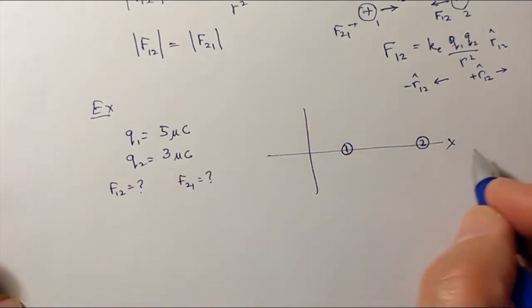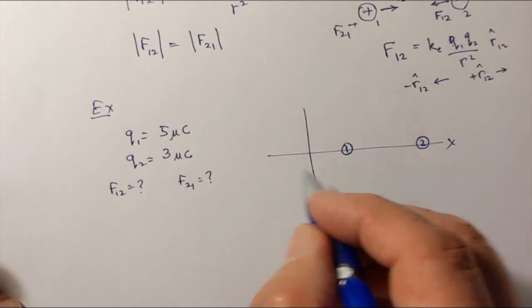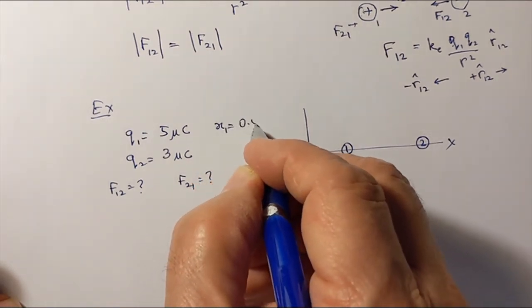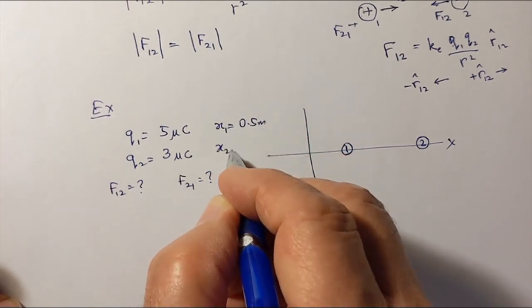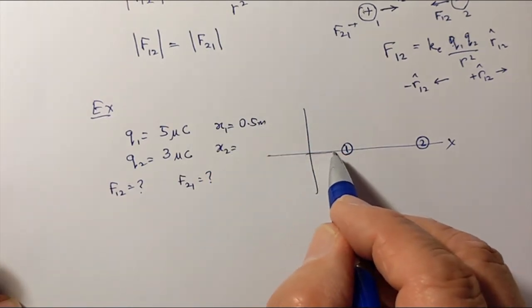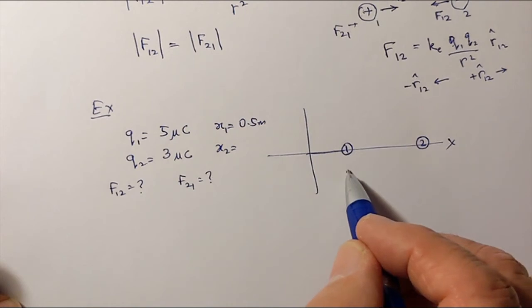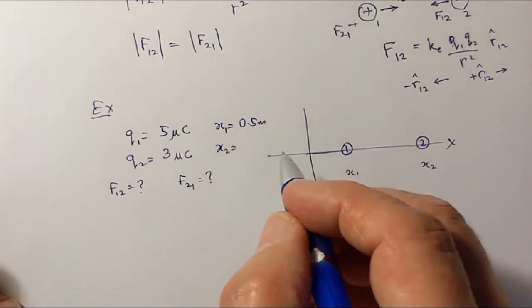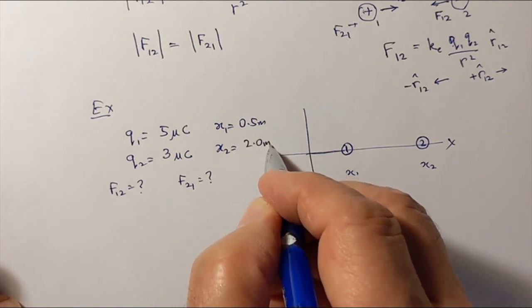Now this charge is located at x equals 0.5 meters, and x2, the distance from here to here is x1, and the distance from here to here is x2, and x2 is 2.0 meters.